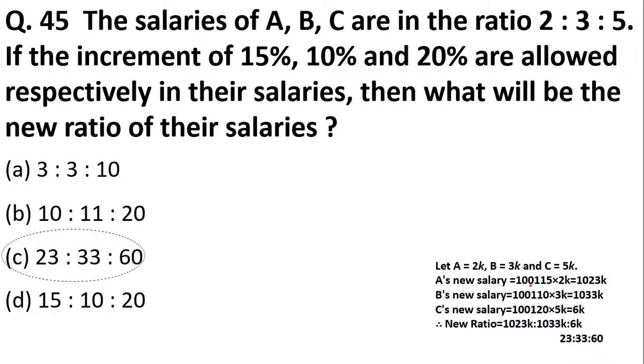So first, if they are getting an increment of 15%, so here the right answer will be 23 is to 33 is to 60.